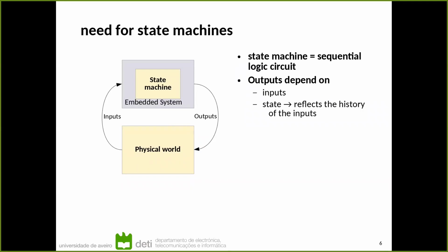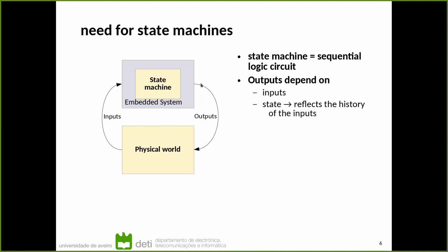And so when thinking about our systems and when applying a state machine, we should have a vision like the one that's represented here. I have the embedded system. I have inputs to these embedded systems, which usually are associated with sensors. We get information from the physical world where the embedded system is. And then we have actuators, outputs that act on the physical world.